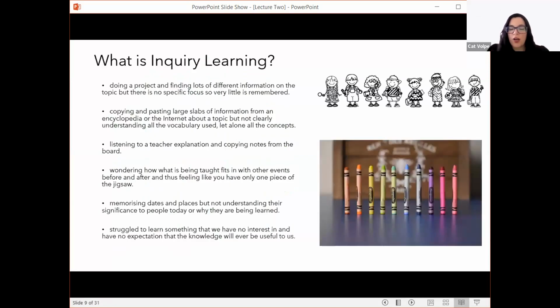So what is inquiry learning? Some of you may have experienced some of these dot points here. Doing a project and finding lots of different information on a topic, but there's no specific focus, so very little is remembered. How many of you remember doing projects, posters, Bristol boards, those sorts of things?